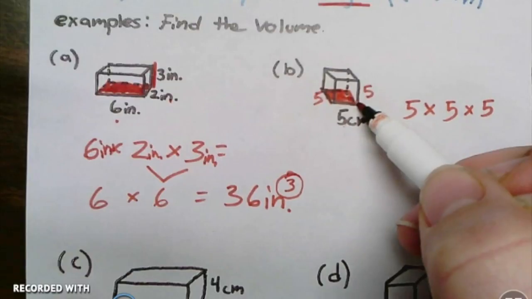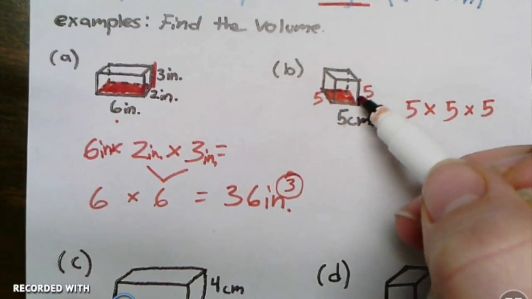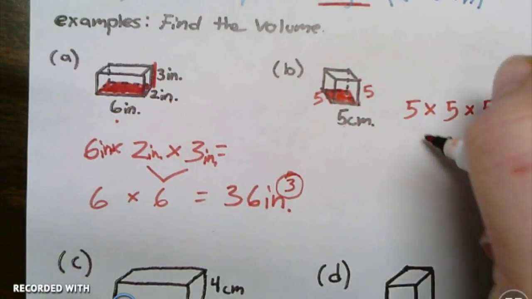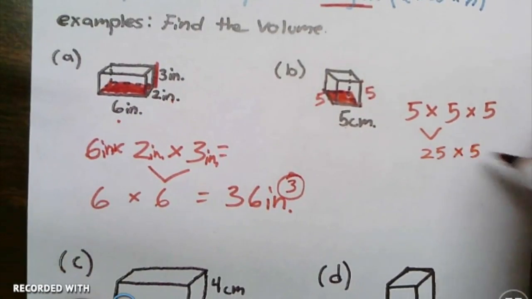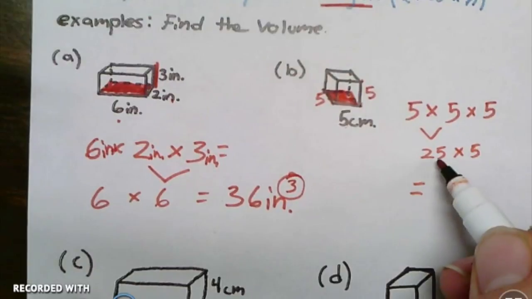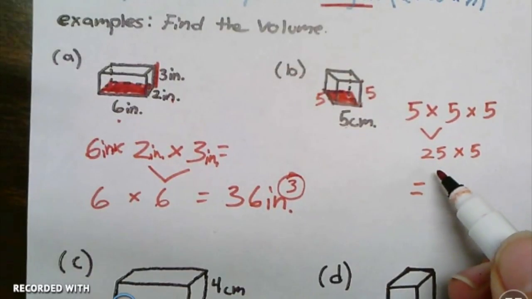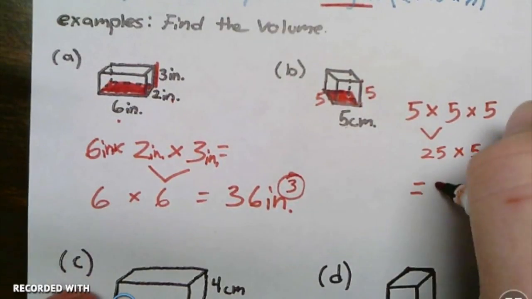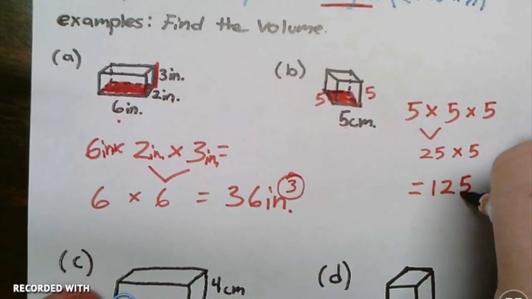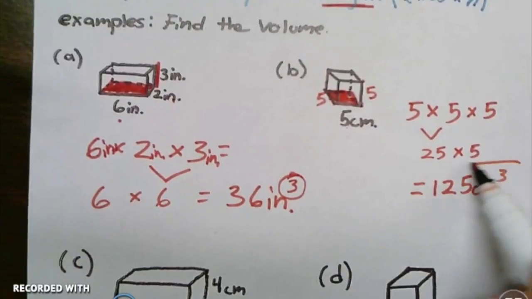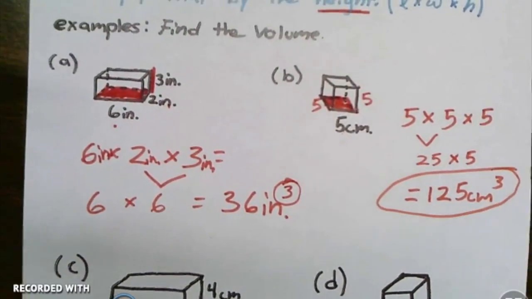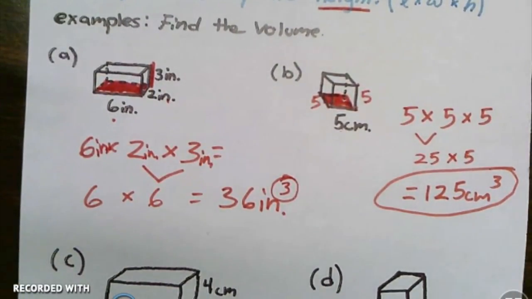And then I would multiply 25 times 5 because of my height. So I've got 25 times 5, which equals, think 25 times 4 would be 100, plus one more 25 would be 125 centimeters cubed. It's that easy.